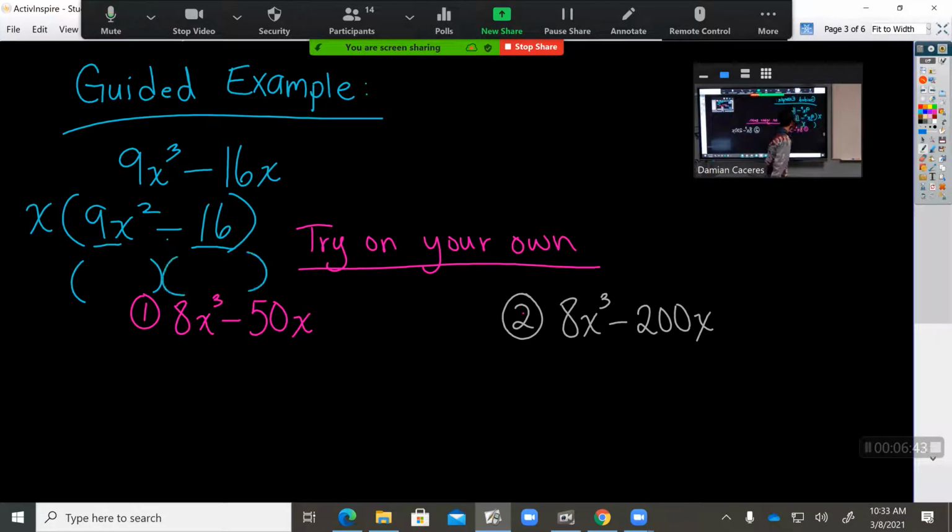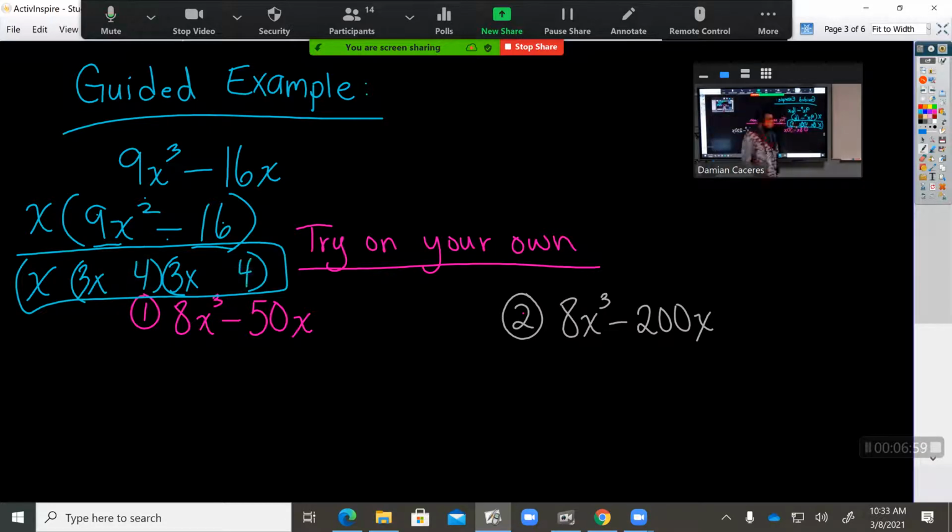Two parentheses. Now break apart that first number. What times what is 9x squared? 3x times 3x. What times what is 16? 4 times 4. So you put a 4 on both sides and make sure the signs are different. Done.